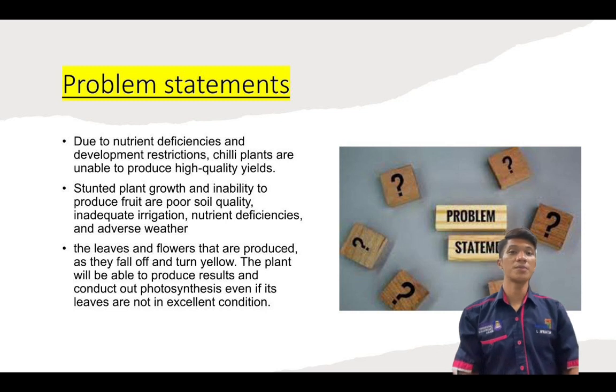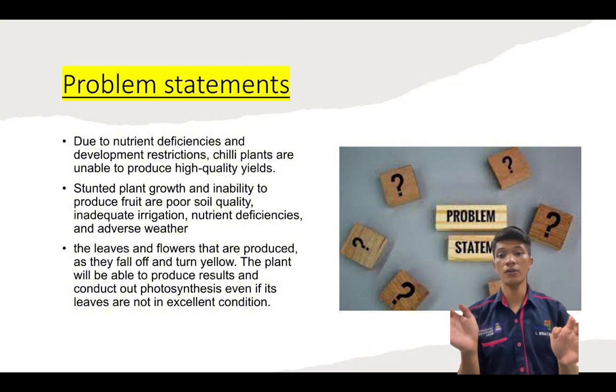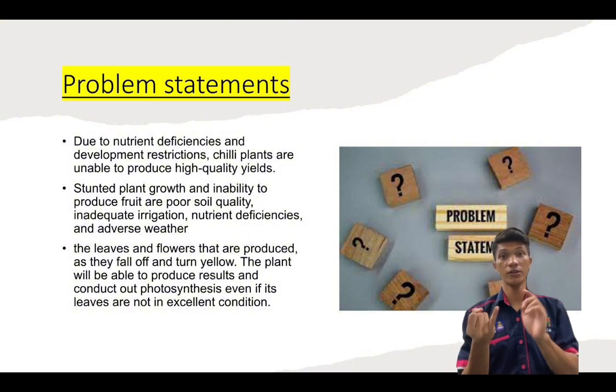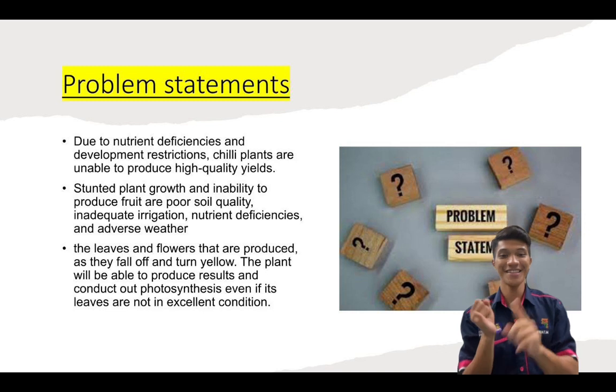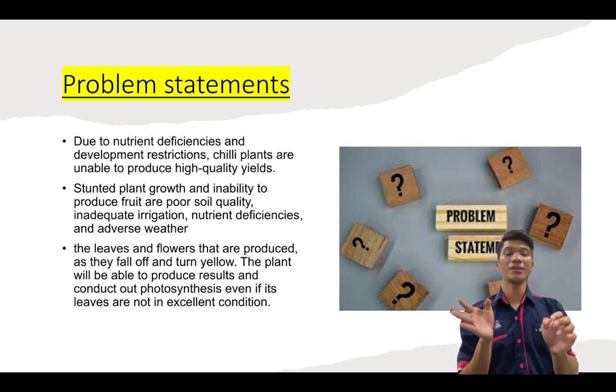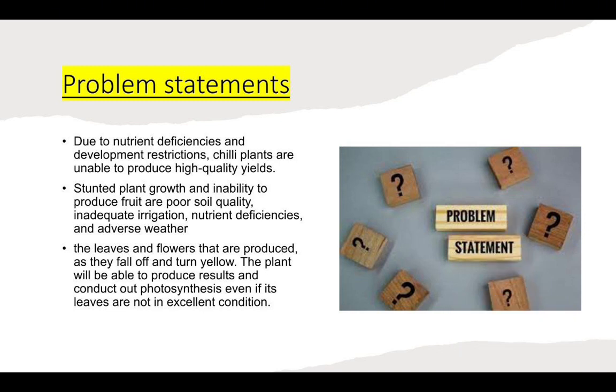Lastly, the leaf and flower that are produced fall off and turn yellow. The plant will still be able to produce a result and conduct photosynthesis even if its leaves are not in excellent condition.